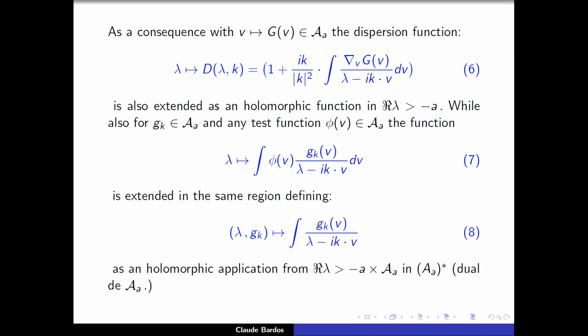And they are not eigenvalues. It's not the same. They are not the eigenvalues of minus the operator A, because they are obtained by extension of the resolvent in the left-hand side.